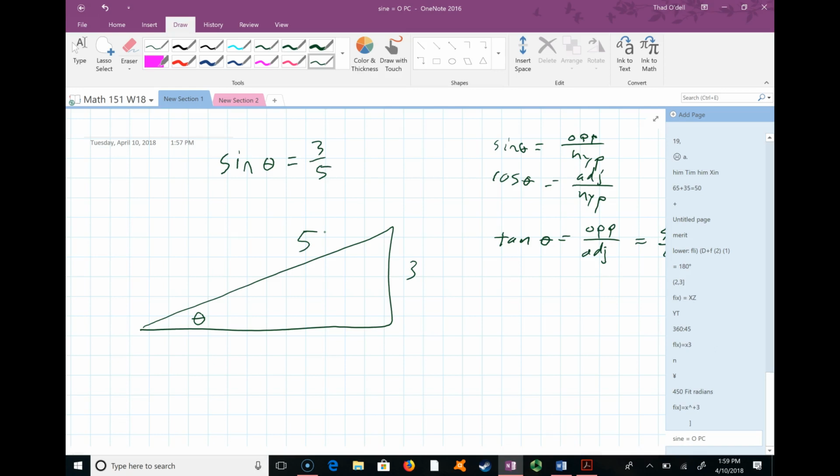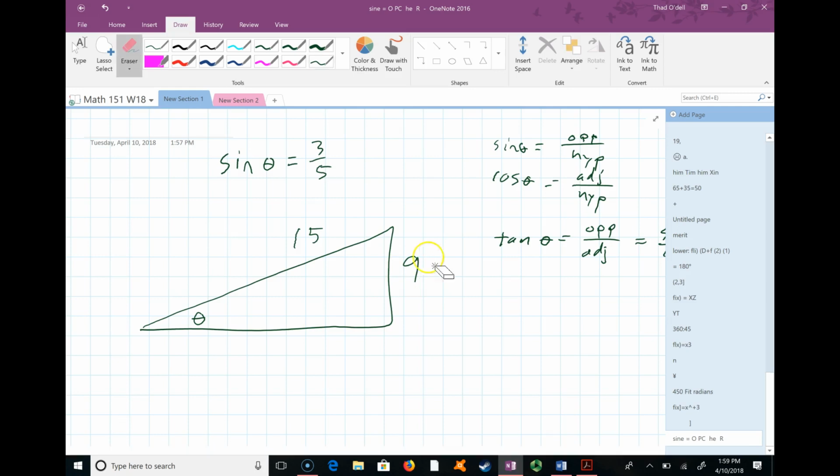And the one thing we remember about ratios, hopefully, is that you can reduce them. So these sides could have been 6 and 10, and sine of theta would still be 3/5. Or they could have been 9 and 15, and the sine of theta would still be 3/5. So you have to keep in mind that these are ratios.